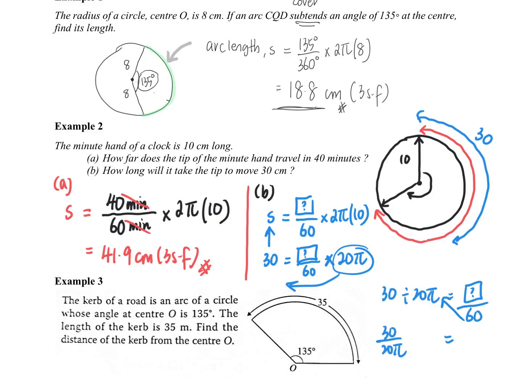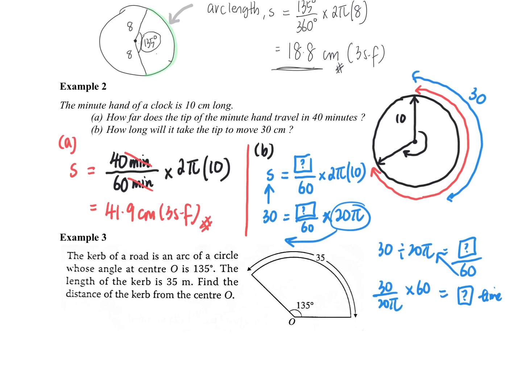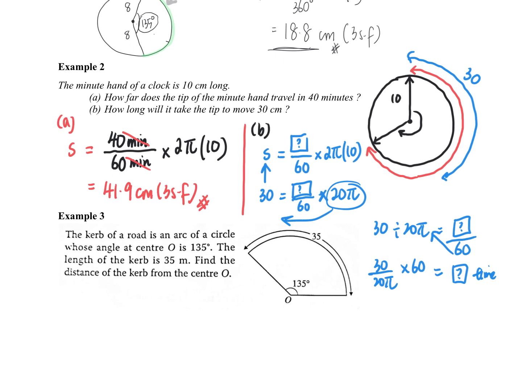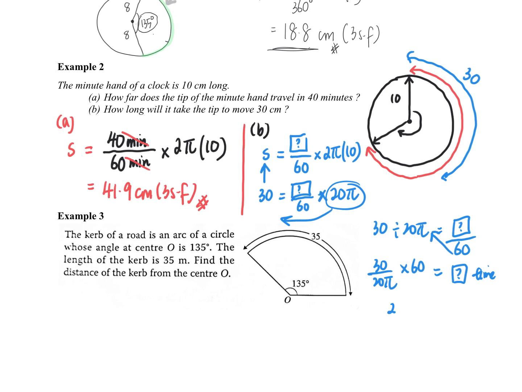Then you cross multiply upwards. So this is the time that you want to find. So go and calculate how much time it takes for the tip to reach 30 cm. 28.64, so 28.6.